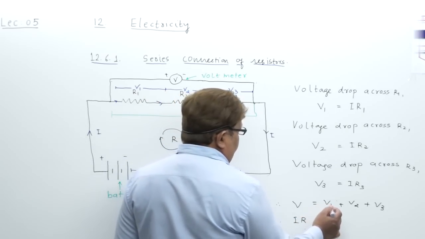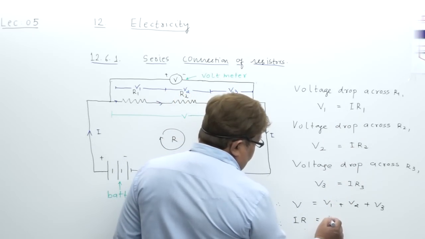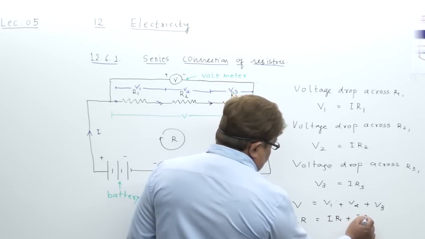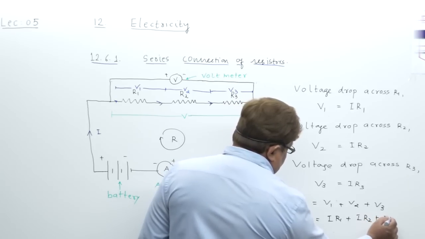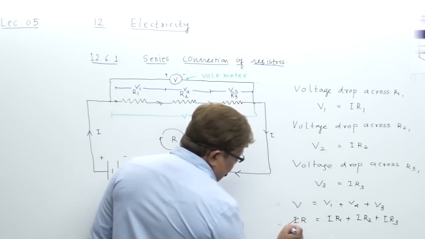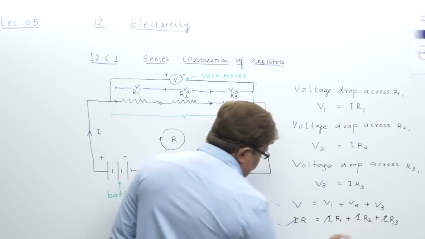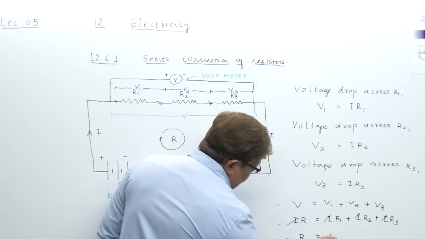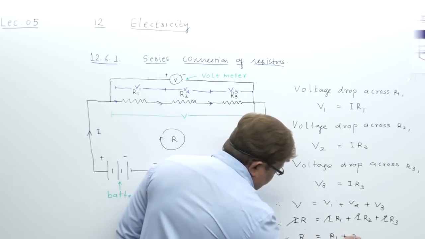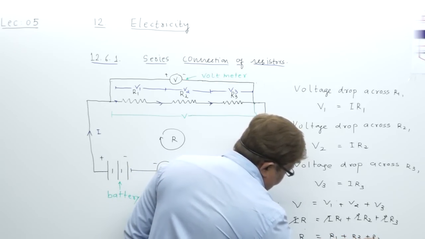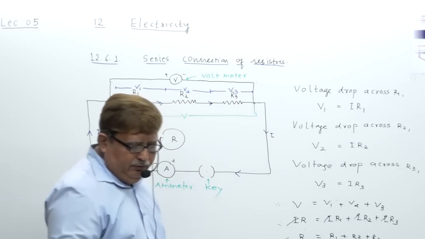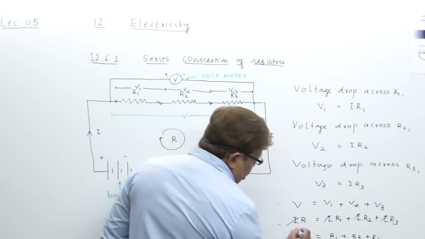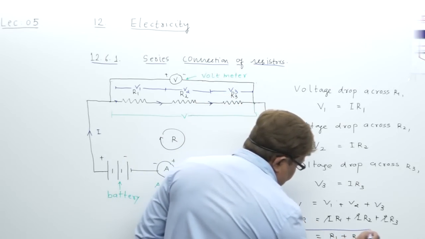Okay. Instead of V1, what should I write? IR1. Then IR2, IR3. I is common, so I cancelled it. So what formula did you get? Therefore, R equals R1 plus R2 plus R3. Actually, my dear student, we have now got the formula of equivalent resistance.